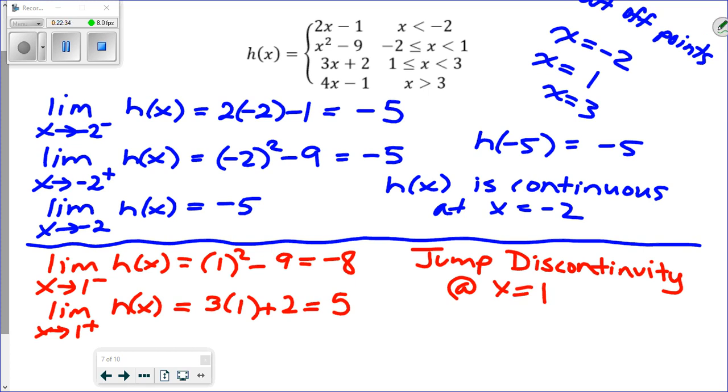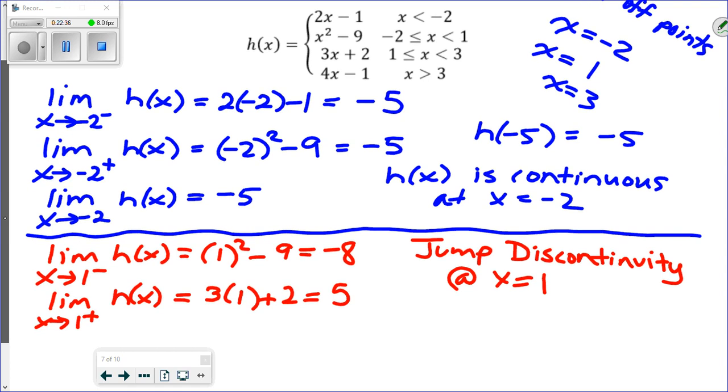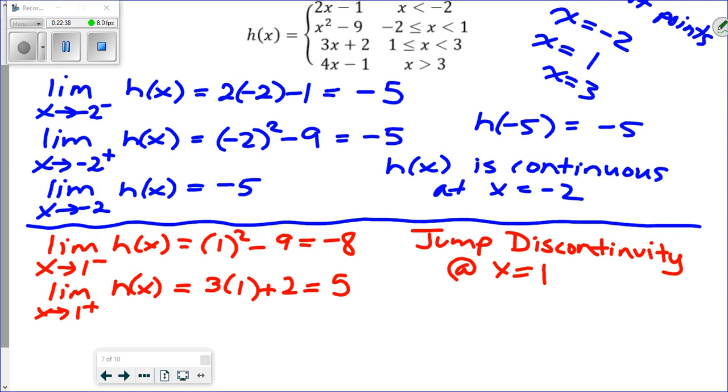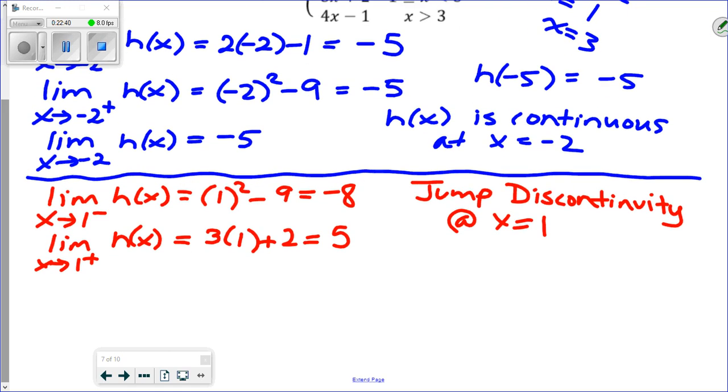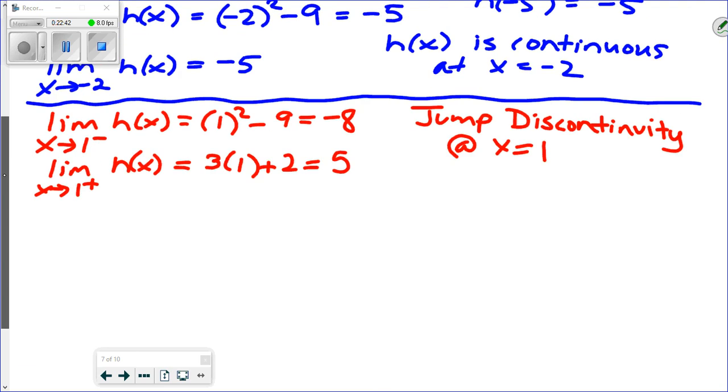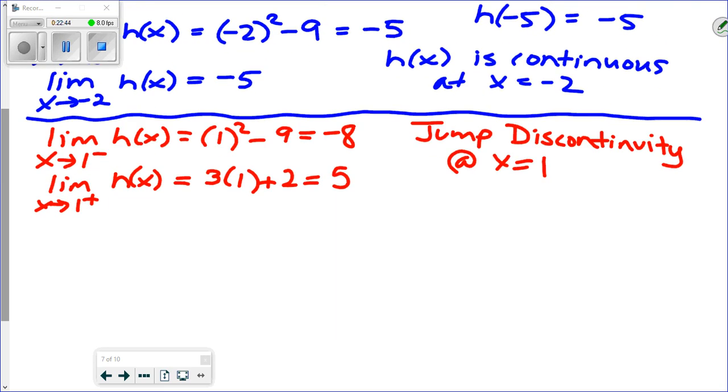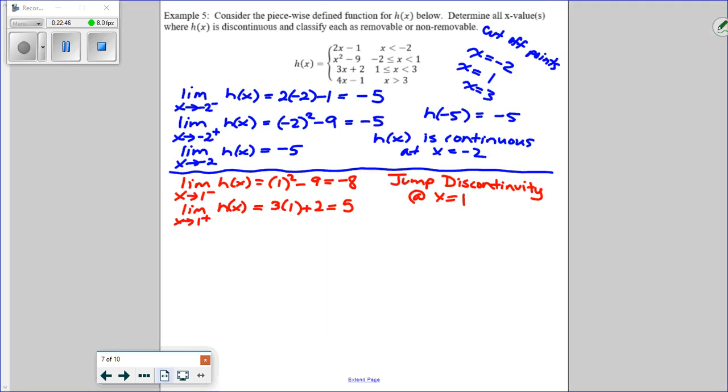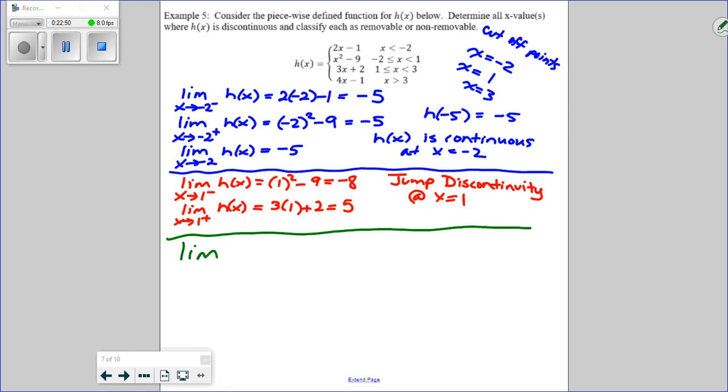Okay, let's try x equals 3 now. Okay, so we're going to evaluate the limit as x approaches 3 from the left of h of x, which means we're going to plug into the 3x plus 2, which equals 8.